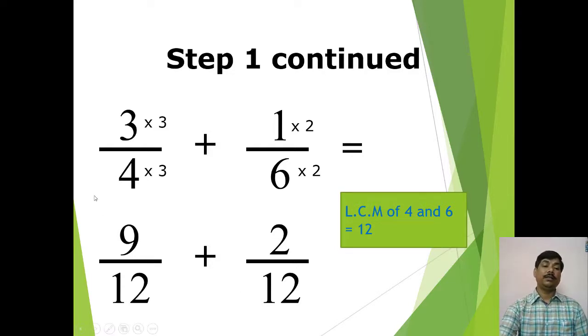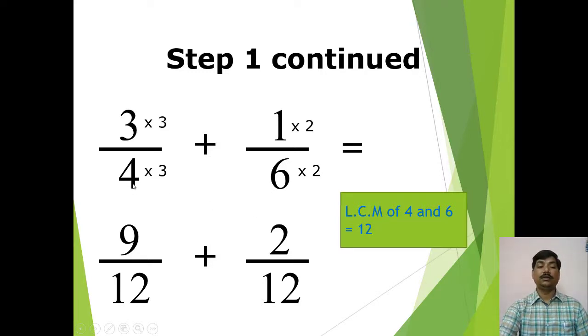How can we find the equivalent fractions of 3 upon 4 and 1 upon 6 with a common denominator? To find it, you have to find the LCM, the lowest common multiple, of the denominators.